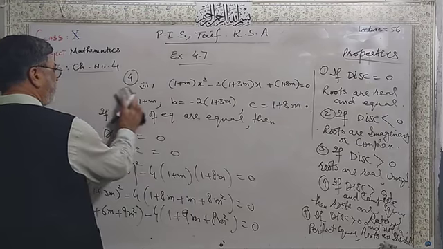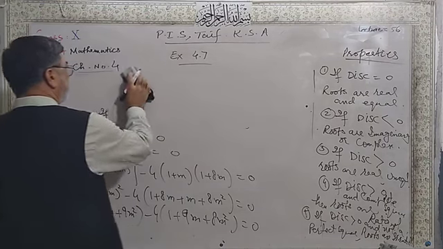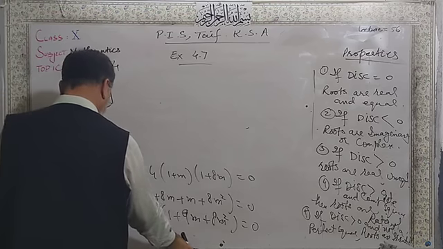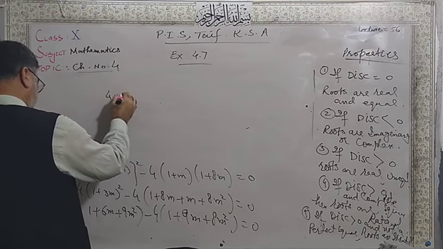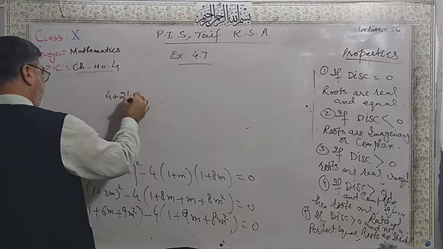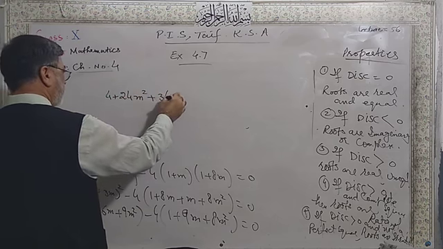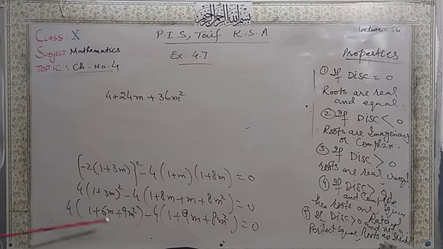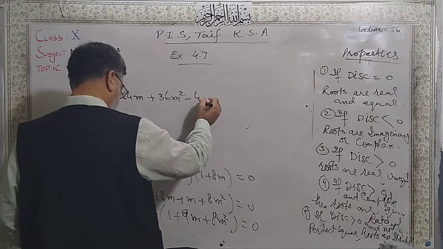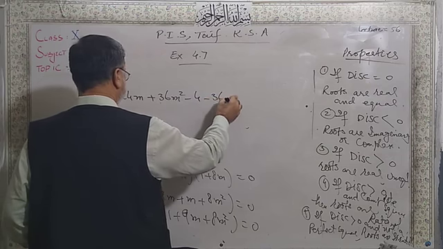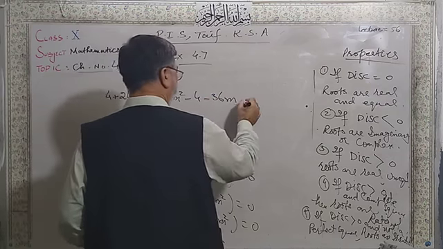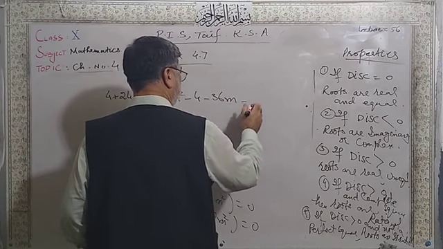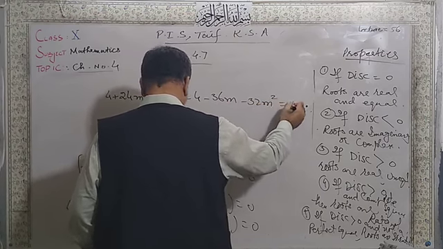After that we have 4 plus 24m plus 36m square minus 4 minus 36m and minus 32m square is equal to 0.